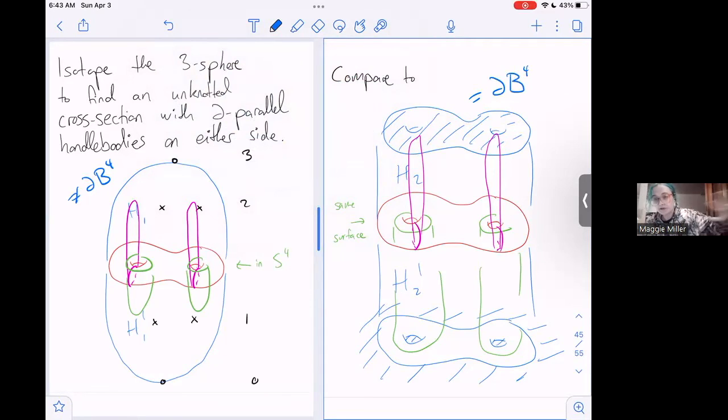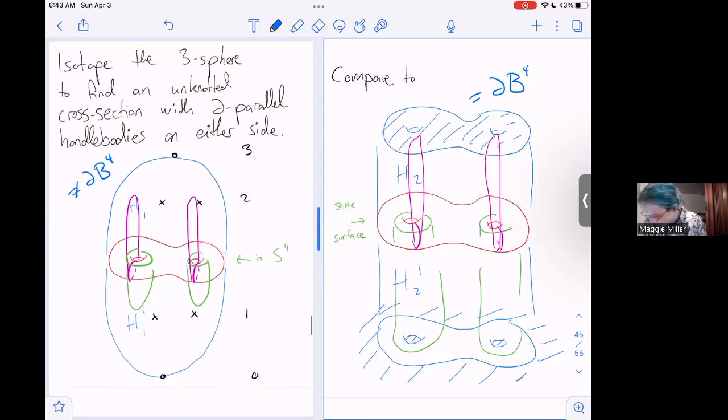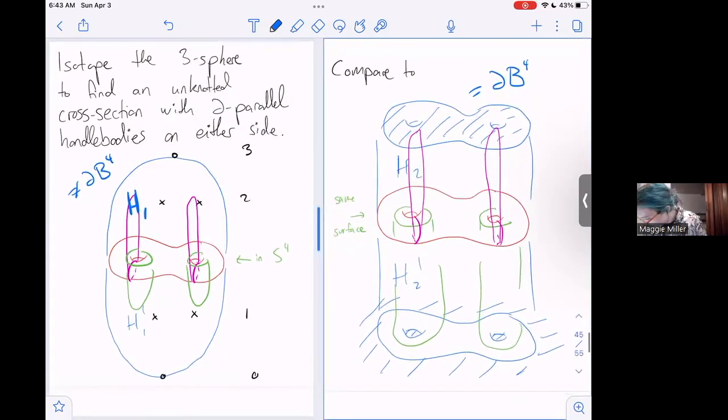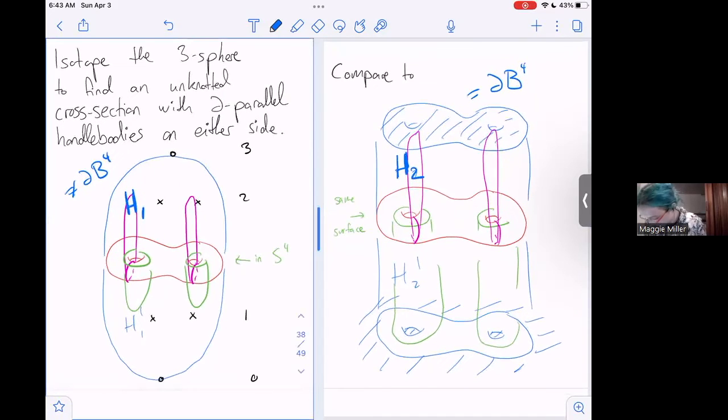So even though the pictures on the left and right look similar, they're both two pairs of handle bodies, their unions are very different from each other. They're different 3 spheres in S5. And the key thing here is that this H1 and this H2 are handle bodies in S4 that are homeomorphic rel boundary. And so are H1 prime and H2 prime.